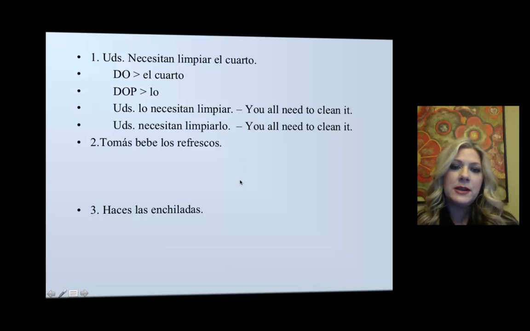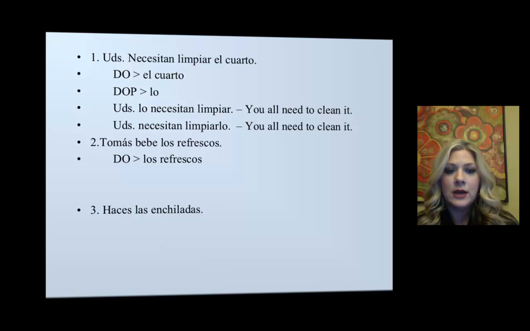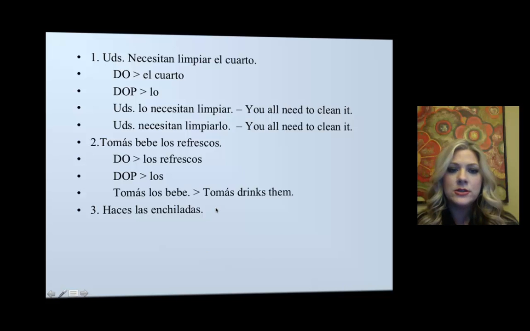Número 2, Tomás bebe los refrescos. First, identify the direct object. Tomás drinks what? Los refrescos. Second step is to replace los refrescos with your DOP, which would be los. And then when we put it in our sentence, where's it going to go? It goes before the conjugated verb, so Tomás los bebe.